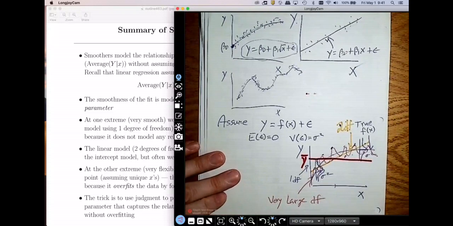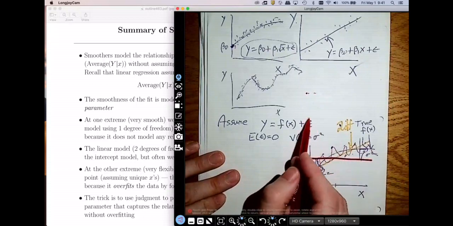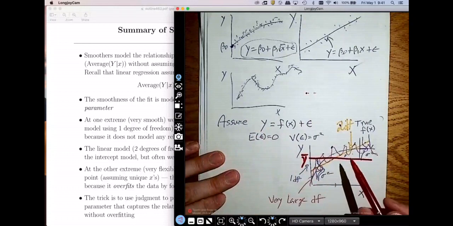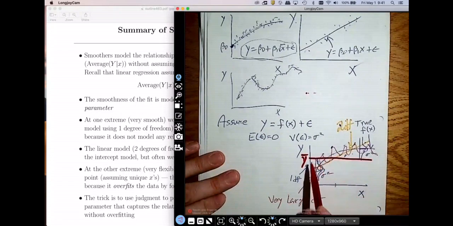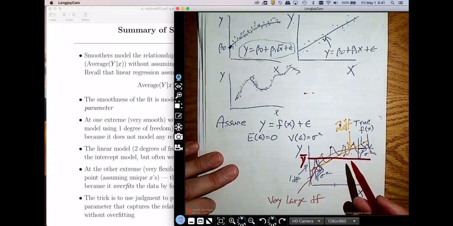And clearly I've overfit the data. What I mean by overfitting is if I generated a big test set from the same model, so just generate 10,000 data points from this model, none of these models, the red marker, the orange marker, or the red pen, are going to do very well on the test set.